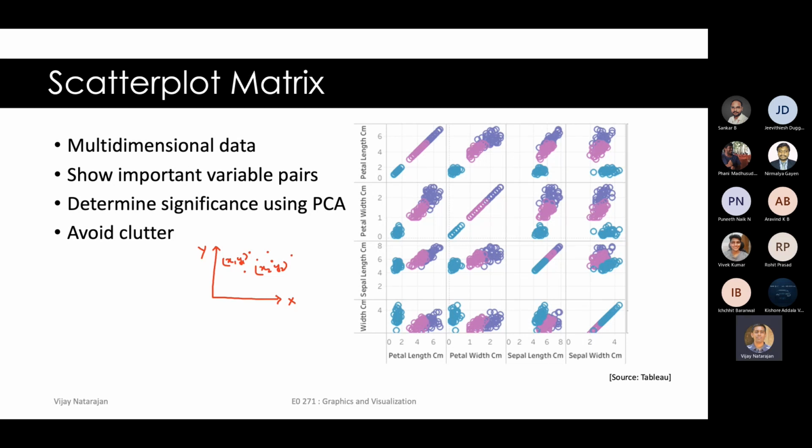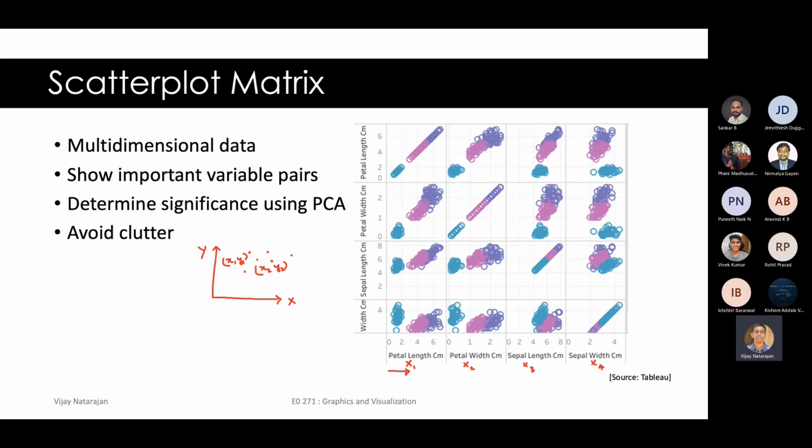If you have high dimensional data, you can imagine a scatter plot matrix where on the x-axis you have the different axes, so what we earlier called x1, x2, x3, x4, and so on. And the same on the vertical axis, right?